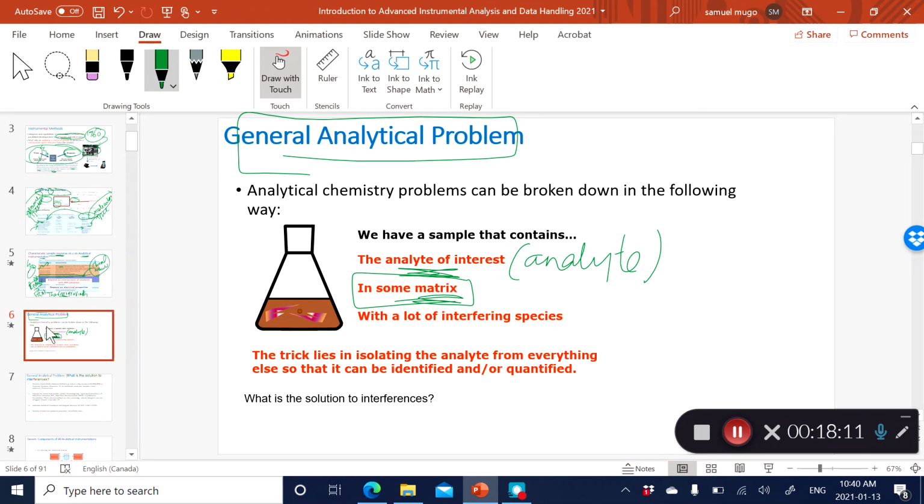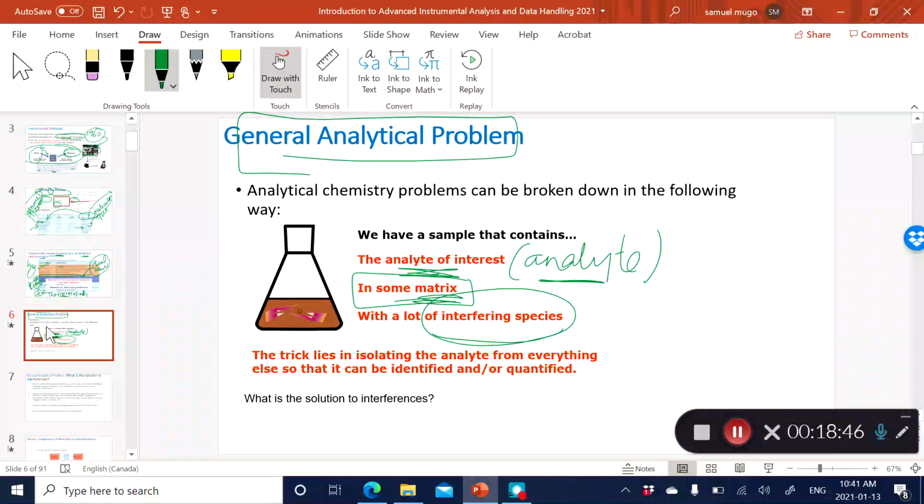Essentially, they get in the way of detection of your analyte of interest. And as such, because they are getting in the way, sometimes we refer to them as interfering species. They are making it difficult for you to analyze your analyte of interest. Give you an example. If you have blood and you're trying to analyze the glucose in blood, think about all the other junk that is present in blood that you're not interested in other than glucose.